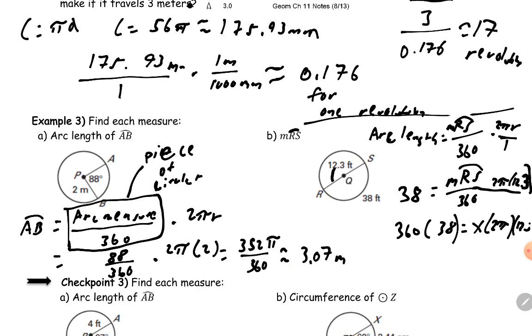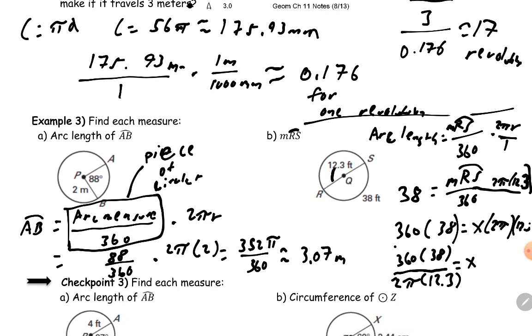Okay, to get x by itself, I'm going to divide by everything on the right side. So I have on top 360 times 38 divided by 2 times pi times 12.3.